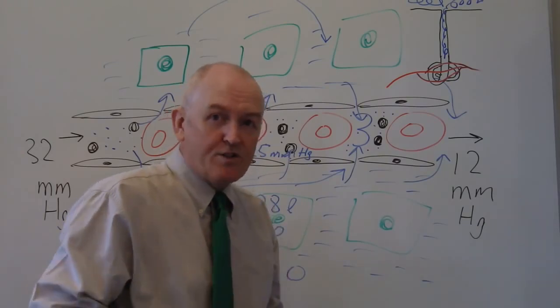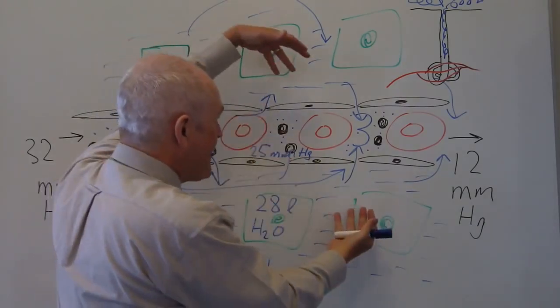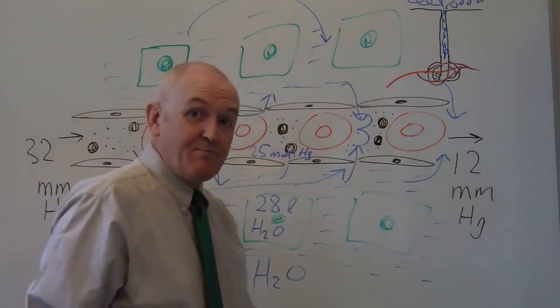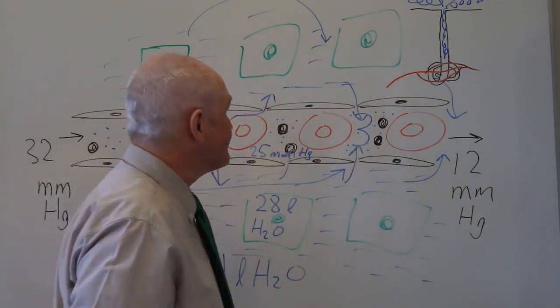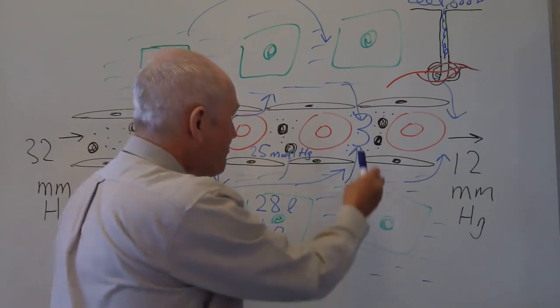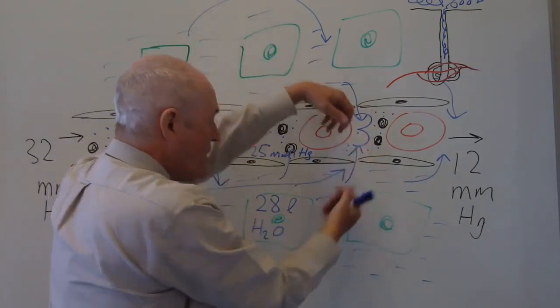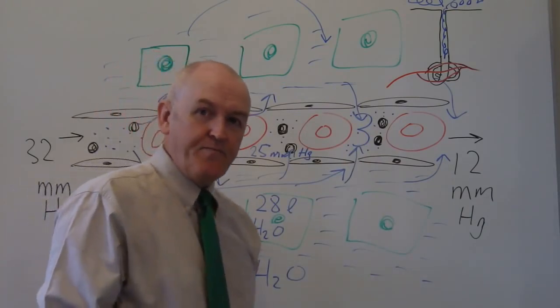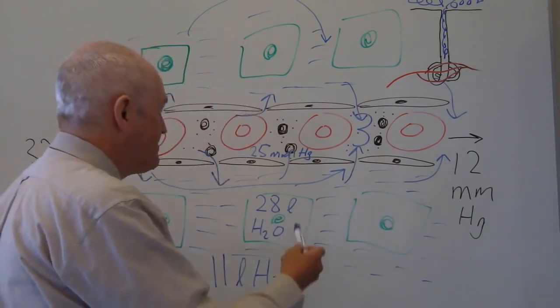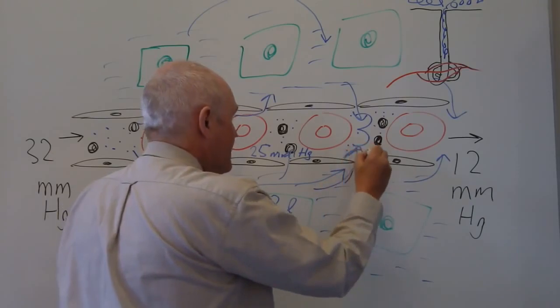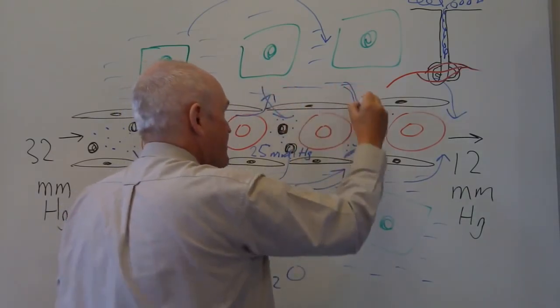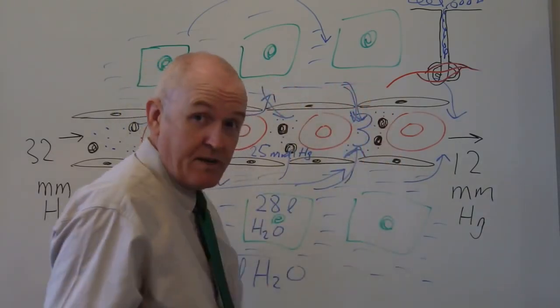So if the blood is more osmotic, does that mean we're going to get more or less reabsorption of tissue fluid? Well, if the blood's more osmotic, I think you can see that we're going to get more reabsorption of tissue fluid. So more fluid will be absorbed, particularly from the venous end of the capillary.